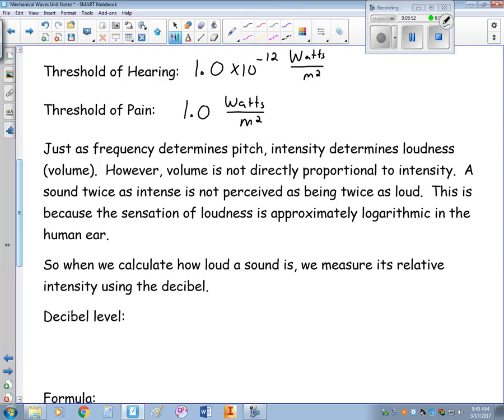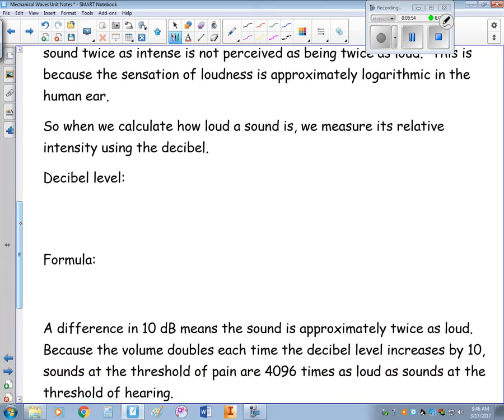So what exactly is the decibel then? It's one way of measuring intensity, and it does this by relating the intensity of a sound to the intensity at the threshold of hearing.